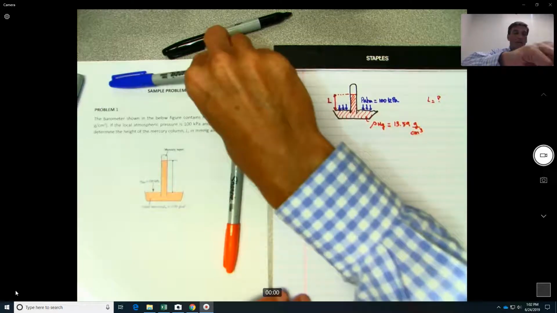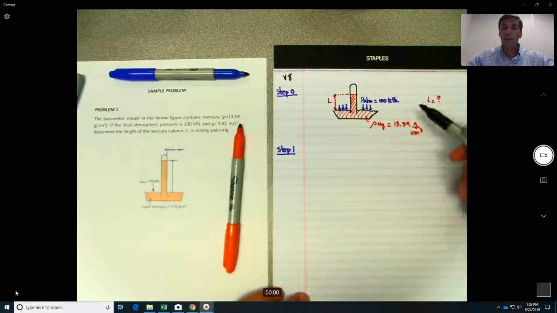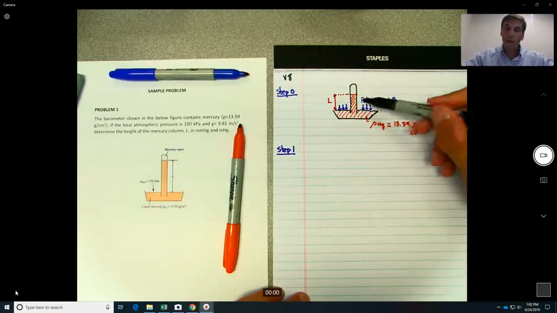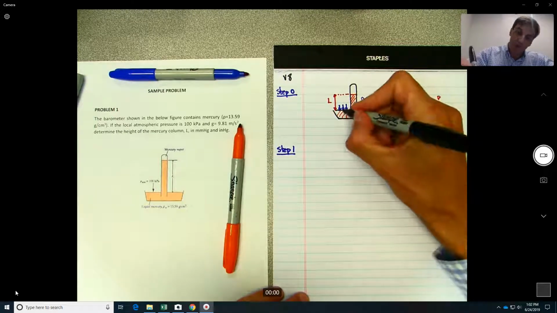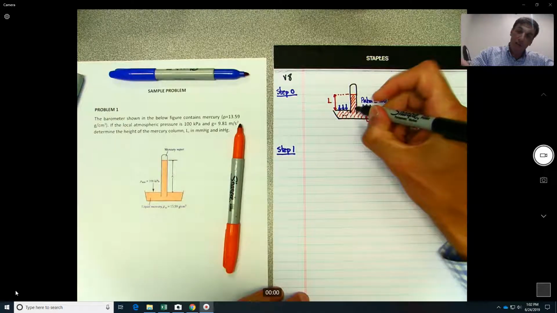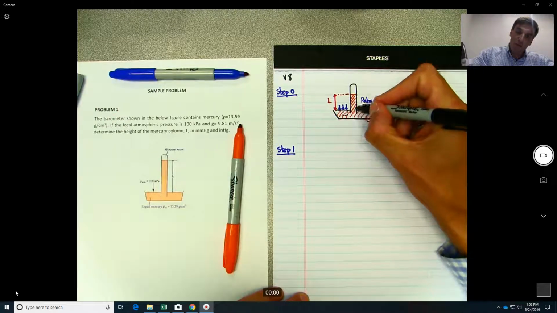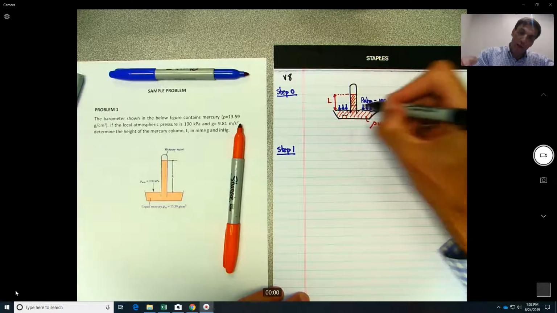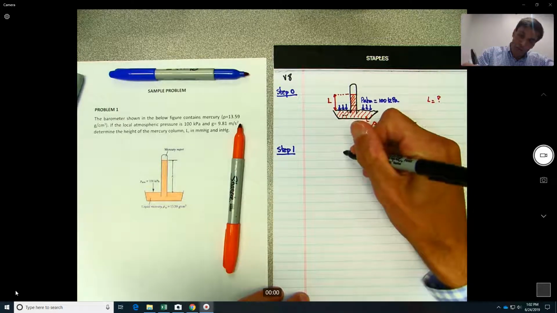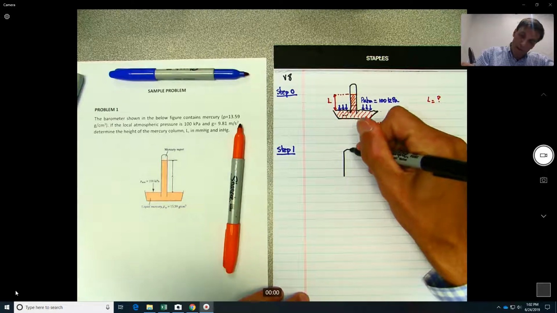So step 1, what I would do here is that, okay, we need to find out what is L over here. So if I take one element of the mercury, let's say one element here, the pressure would be the same everywhere, and let's say I move that little element here now, over here. So what would be the figure that we'll have?